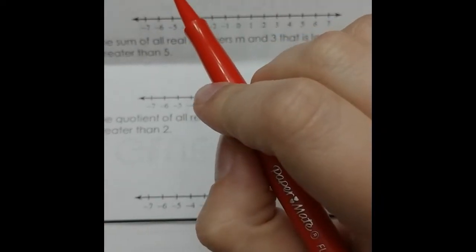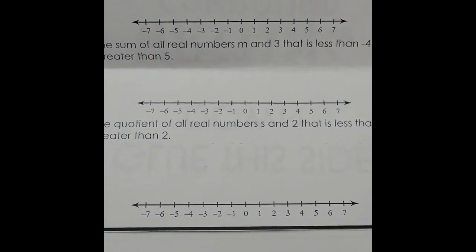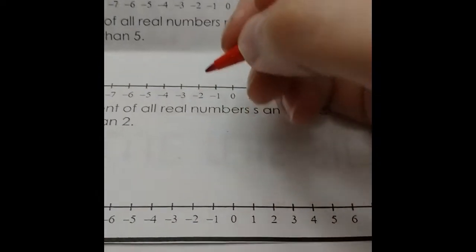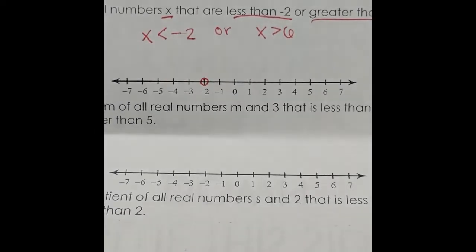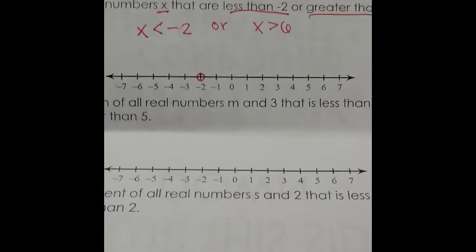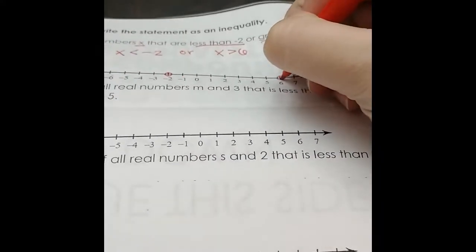Since this does not have the bar underneath, it's just less than, we're going to put an open hole on -2. Okay? And then x is greater than 6. We're going to put an open hole on 6.